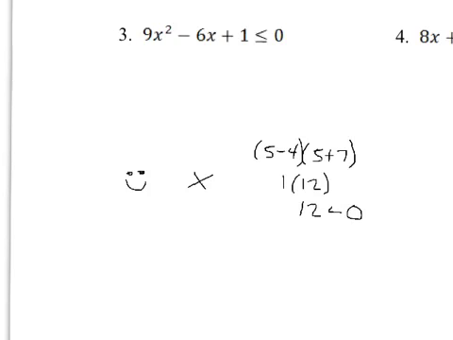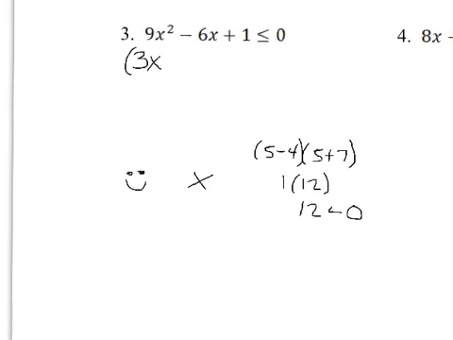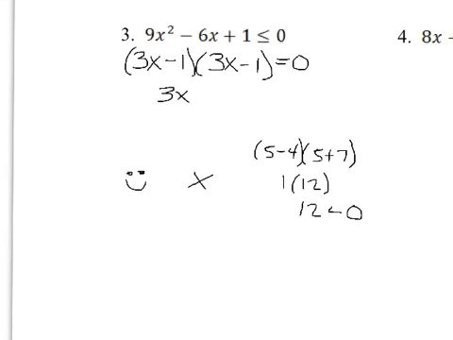If I'm going to factor this one, I think it's going to be 3x, probably -1, and 3x minus 1 equal to 0, because we're trying to find out what they make equal to 0. They're the same thing, so just set one of them equal to 0. So x equals 1/3. So on a number line, here's 1/3.